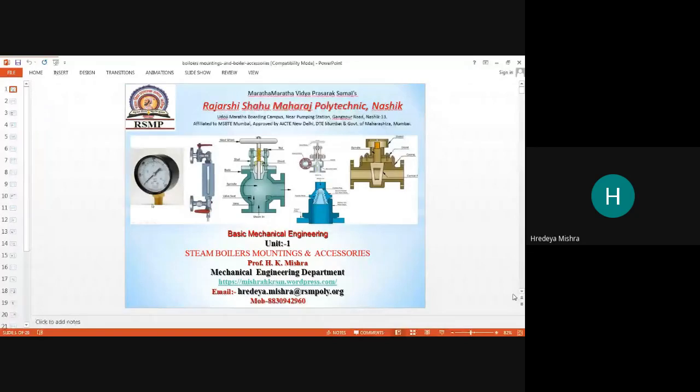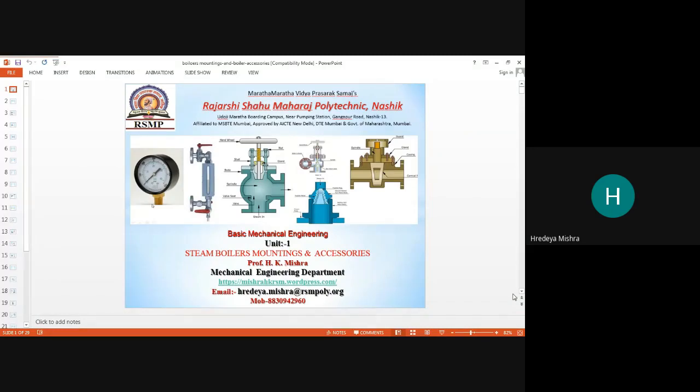So what are these things? The basic difference between boiler mountings and boiler accessories is that boiler mountings are an essential component of the boiler which is required to operate the boiler.